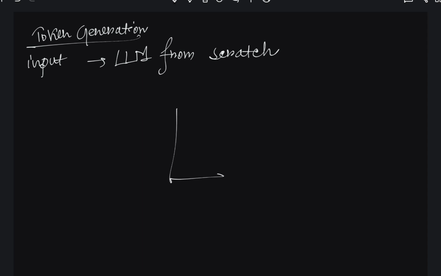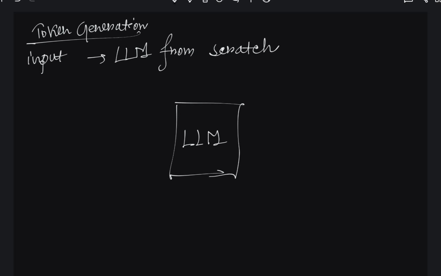We have a trained model, the LLM, and we pass the input to it. The sentence goes through the encoding method, so you add a start of sentence token, and at first you send only this start of sentence token through the LLM. If the model is well trained, it will generate "LLM" as the next token.